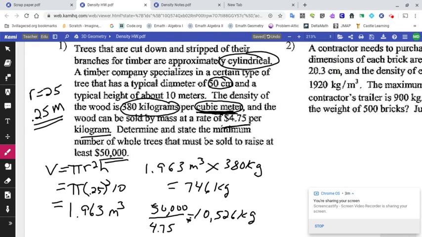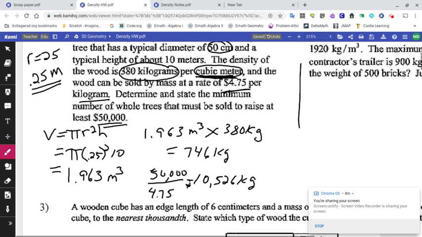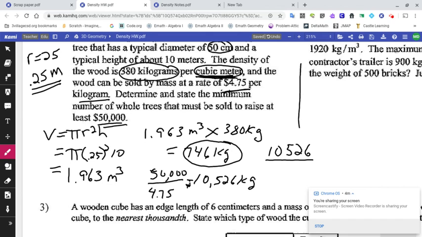That's how much 10,526 kilograms would be worth. Okay, it would be worth $50,000. Okay. Well, now I need to take that and figure out, well, how many trees is that? Well, if there's 746 kilograms per tree, I got to take 10,526 and I have to divide it by 746.